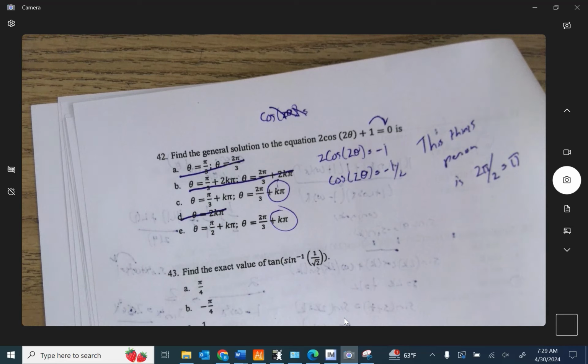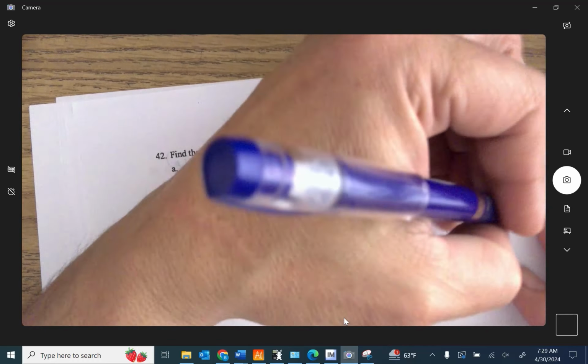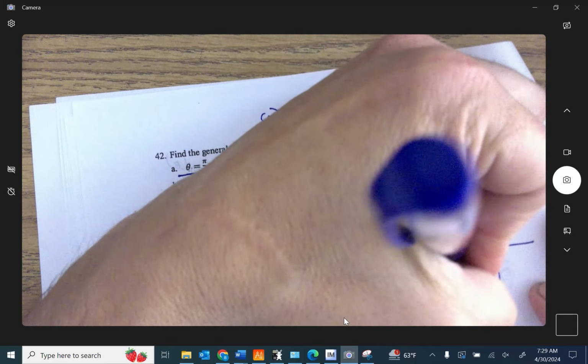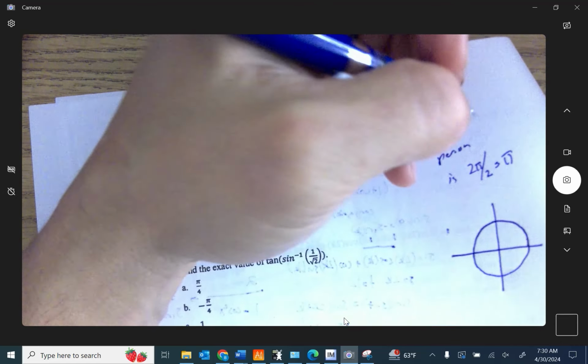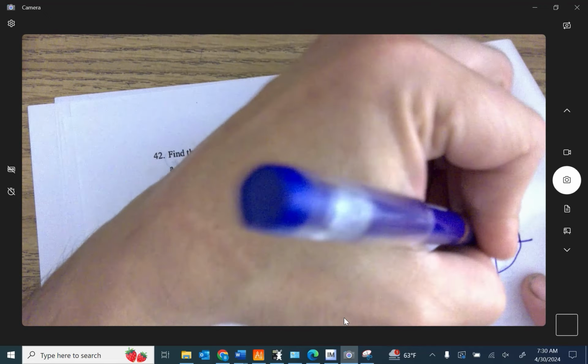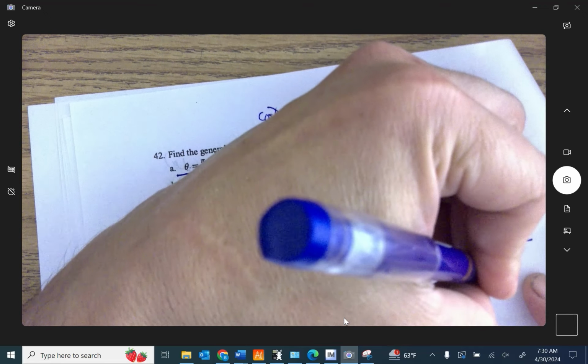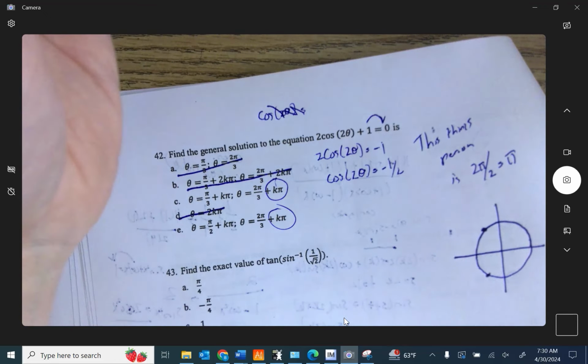I made it 50-50. Now what we're going to do is think about the unit circle and where the cosine ratio is negative 1/2. Like where does that happen? It's going to have to be somewhere over here and somewhere over here. I believe that's the gist of it, isn't it?